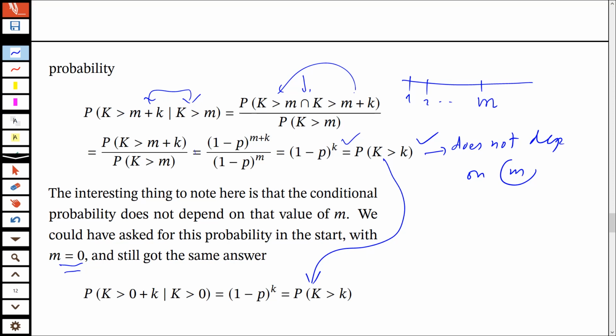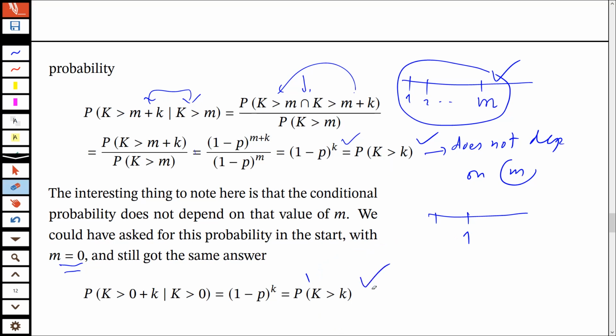Even if I know that m, setting that m to 0 means that I am asking that same question at point 0, which means that I have not even started the trials. So this knowledge did not help me. So whether you consider this into your question or whether you exclude this, you will still get that answer.